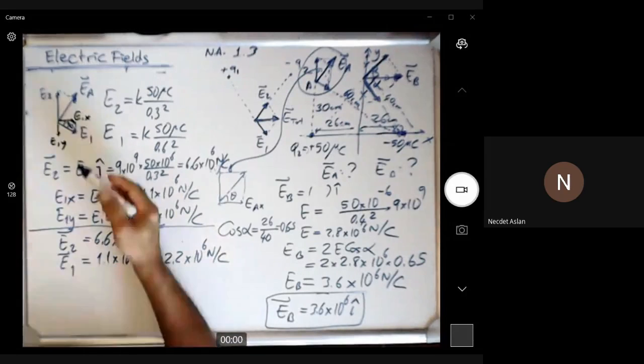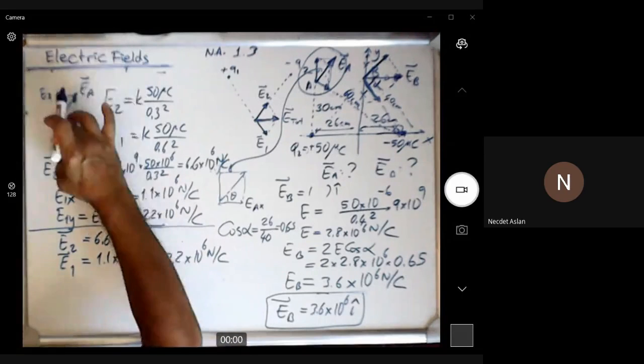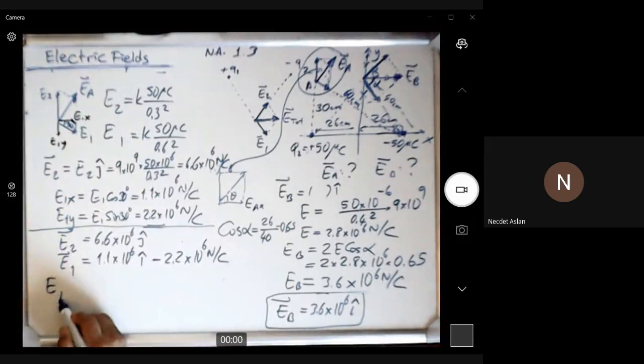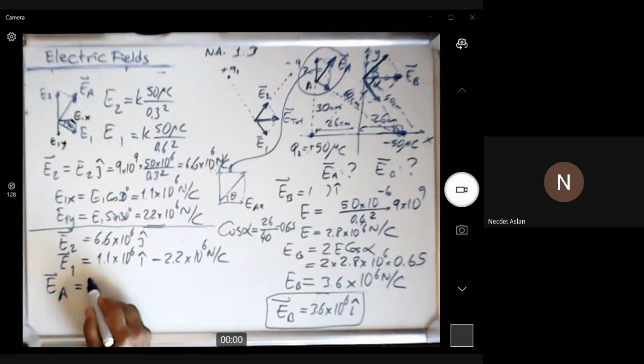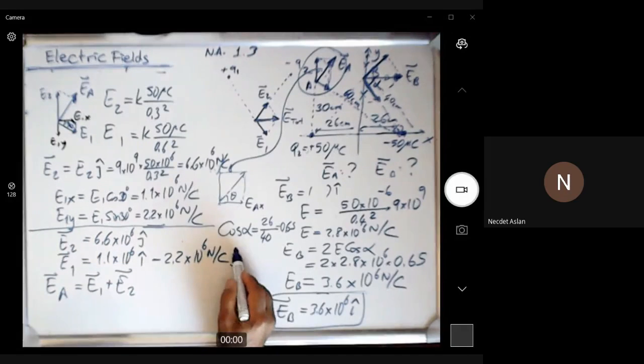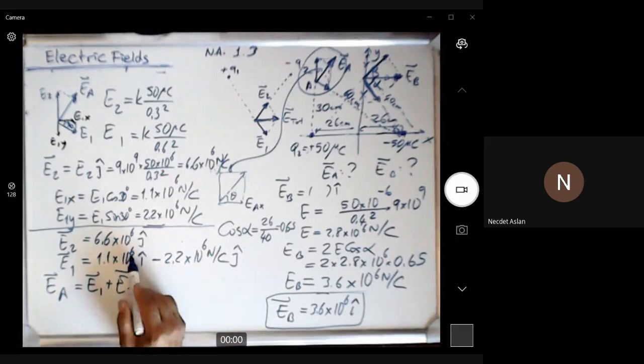Is this the result? No, because the result is just the sum of these two vectors. So EA, this resulting vector, is just E1 plus E2. I forgot to put J there because it's the negative y direction, don't forget.